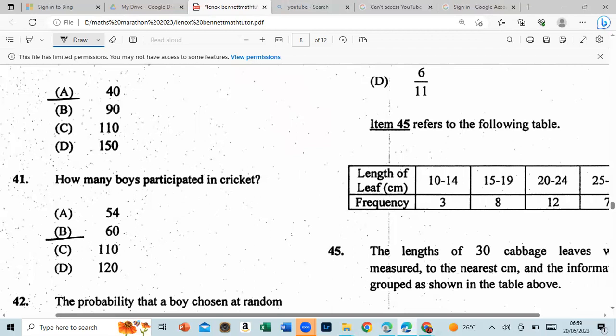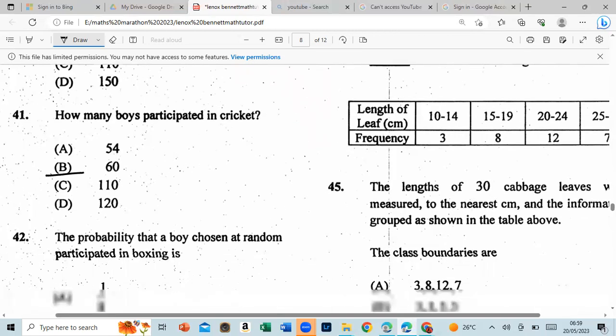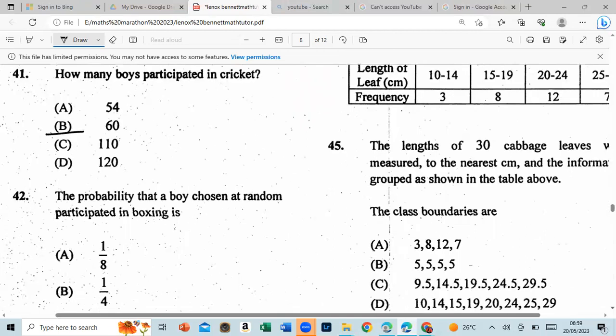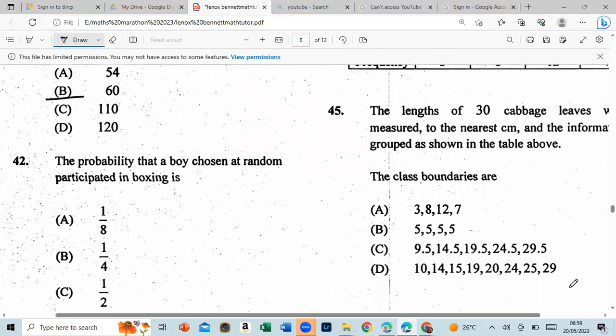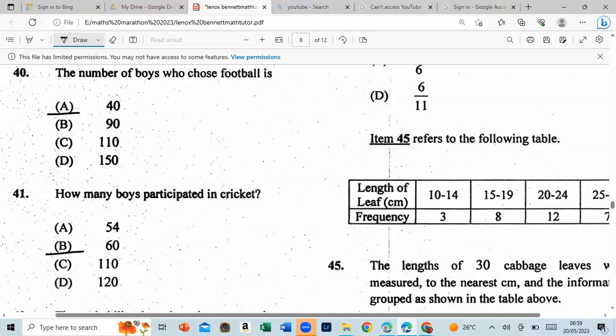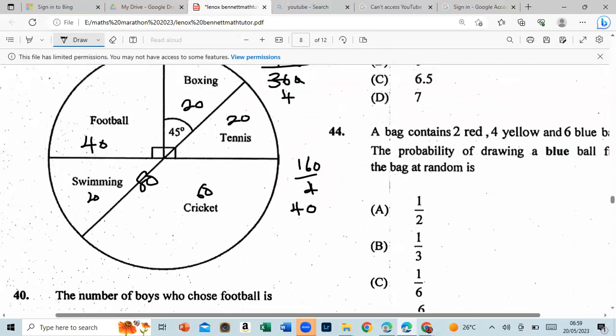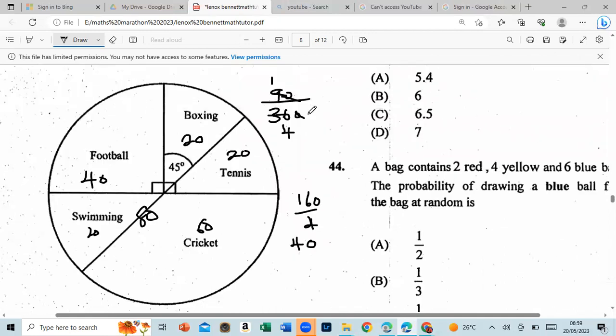Let's look at 42. The probability that a boy chosen at random participated in boxing. If we go back up to the diagram, boxing is 20 out of 160. This cancels 20 into 160 is 8.